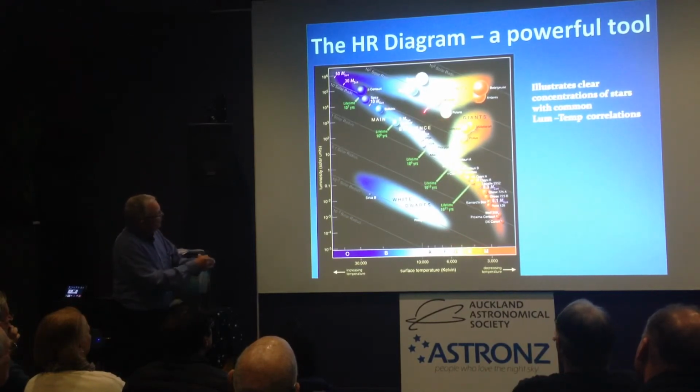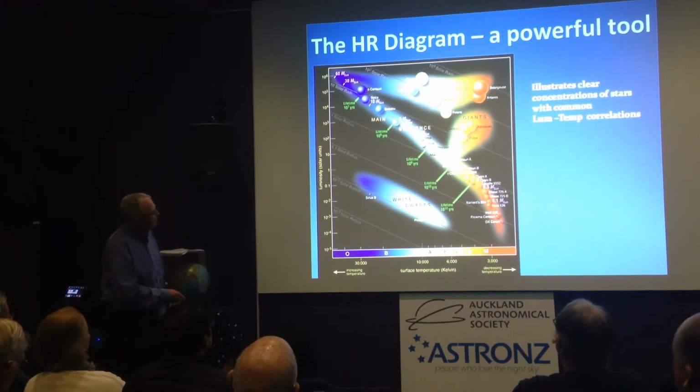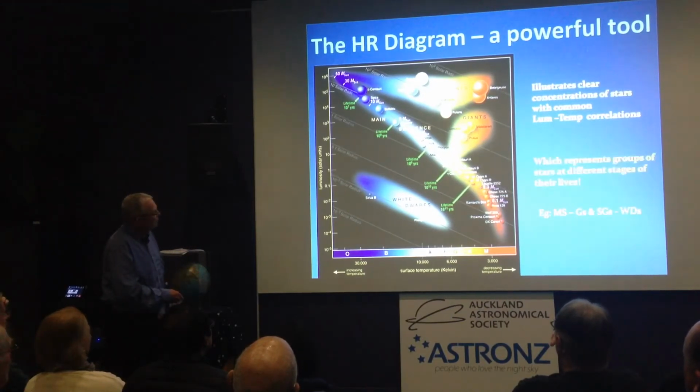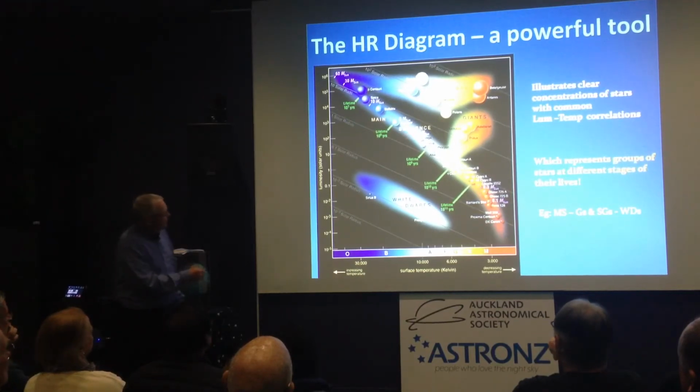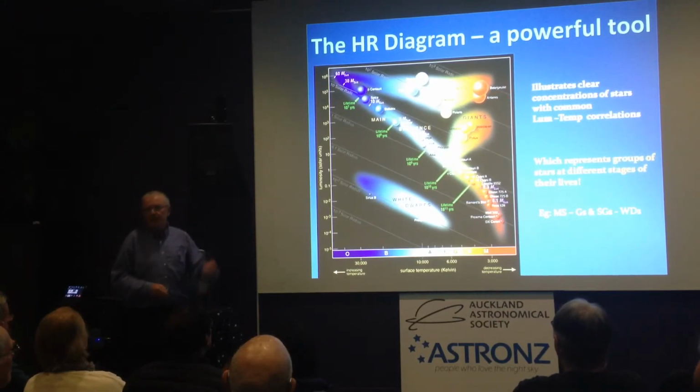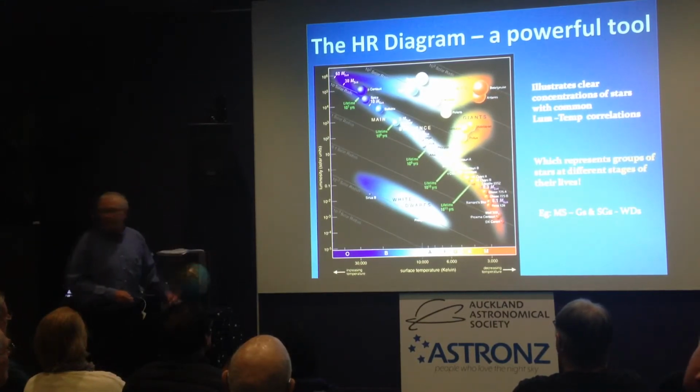And you've got your supergiants up here, your white dwarfs, and so on. Each of those groups represents different stages of their lives, as I've already alluded to. These guys here all make a nice little pattern. You're going to learn all about the main sequence shortly. These groups here are all at the same stage of evolution during a star's life.